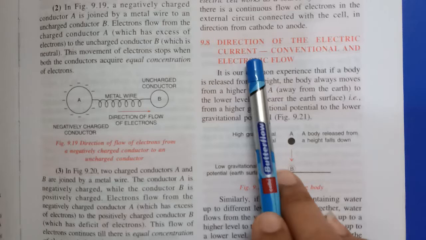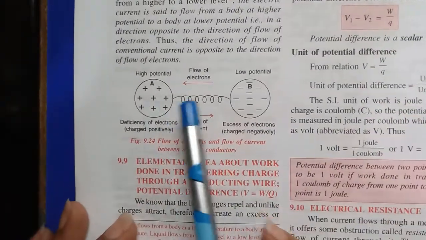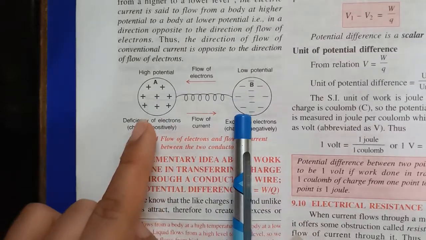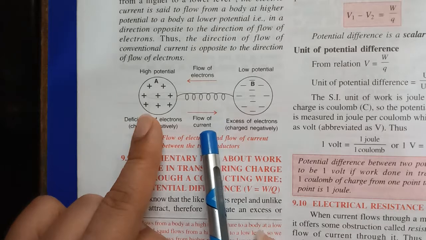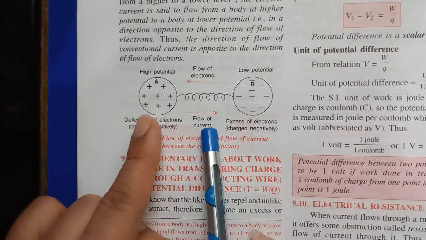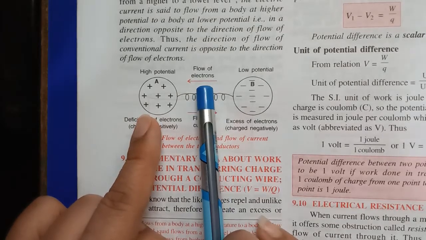Alright. So, in terms of potential, in terms of electrons, how do we come to know? Always remember the direction of flow of current is opposite to the direction of flow of electrons.